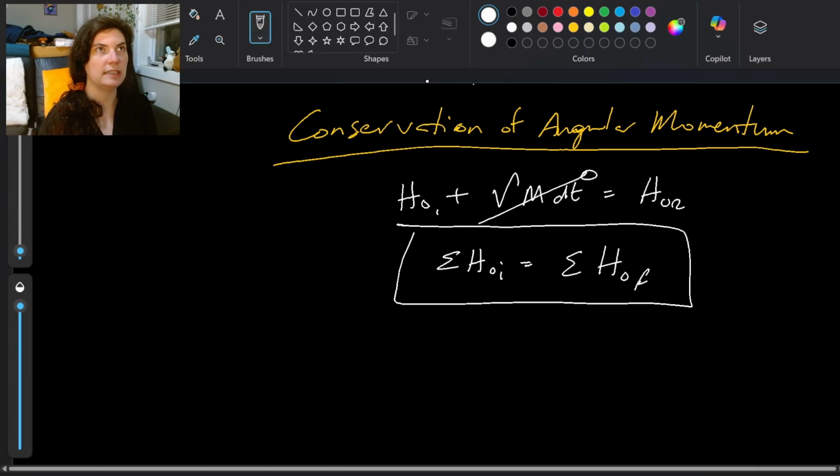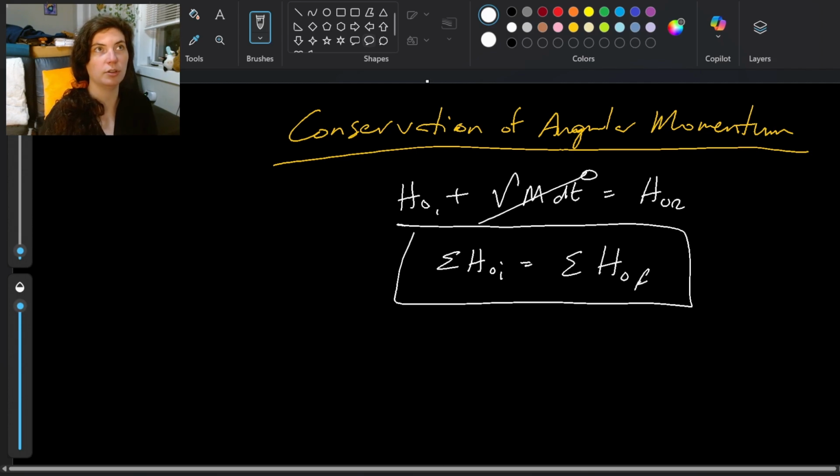And where we usually see this is when we have a particle with no applied forces, or our applied forces are parallel to our axis of interest, like the axis it's rotating about, or they pass through that axis.